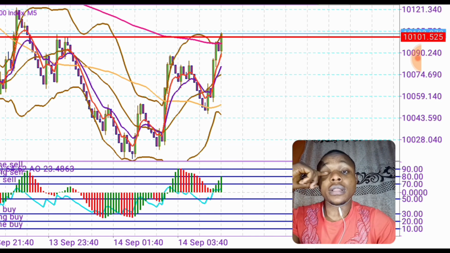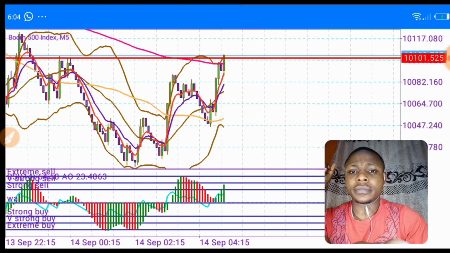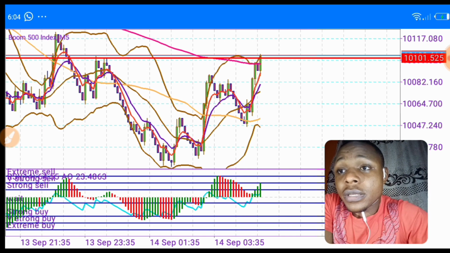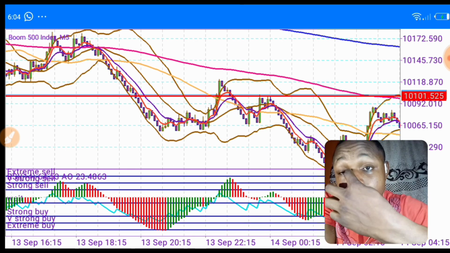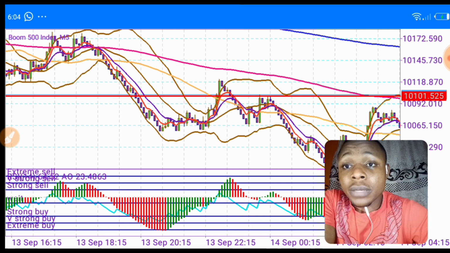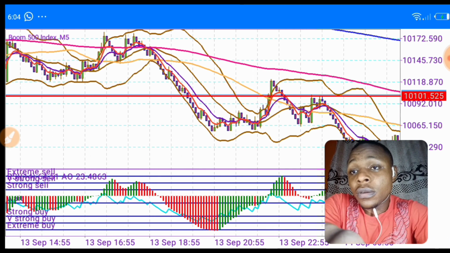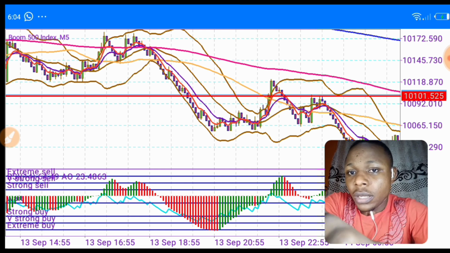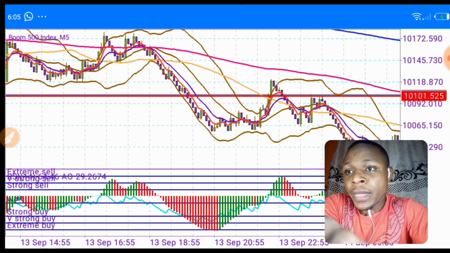Another thing I would like to share with you is the way boom and crash spike. Whenever boom or crash is on a long normal trend, and by normal trend I mean when boom is selling and when crash is buying, you just know that this is the normal trend.